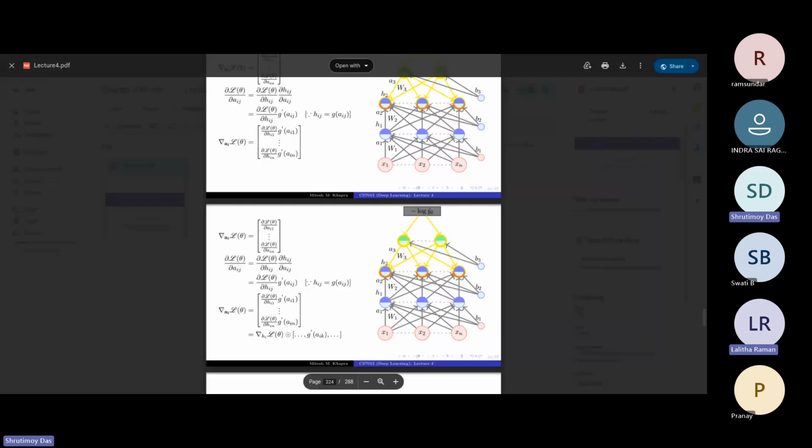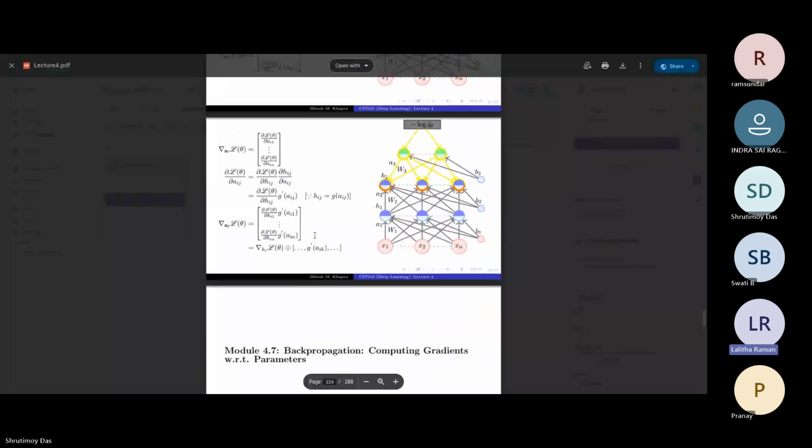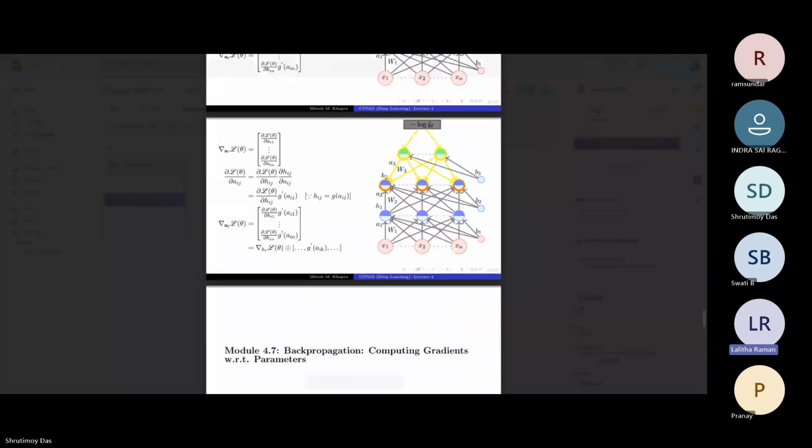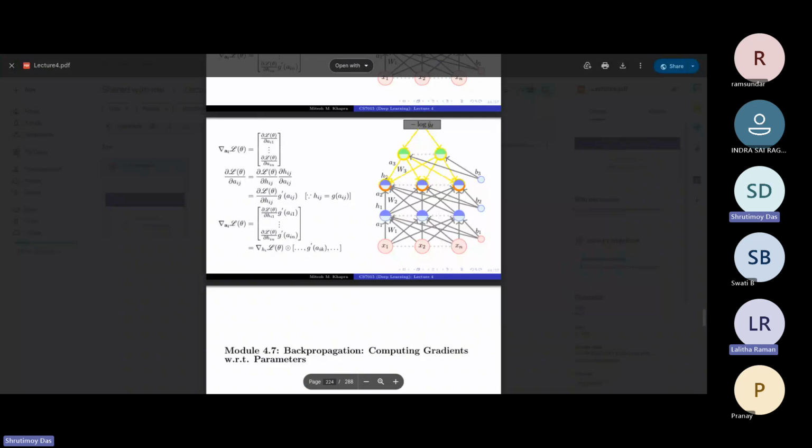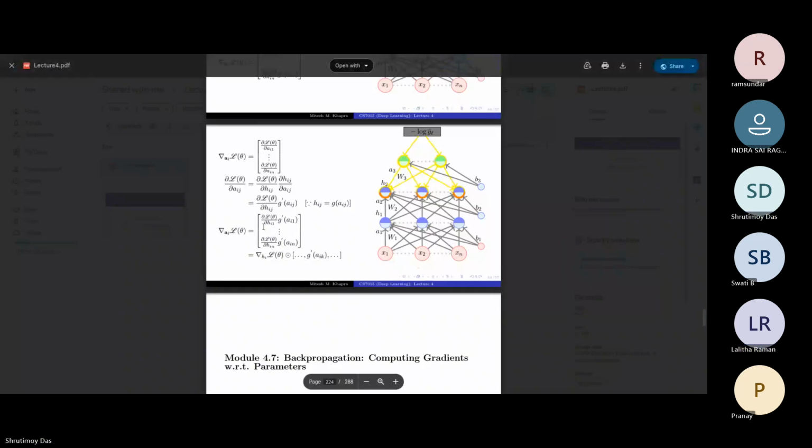So is this what you're talking about? Yeah, this is what I'm talking about. So this seems correct, right? Yeah. And then why is it mentioned as AIK here? If you can see, you're doing the G prime of AI1, G prime of AI2, like that up to AIN.